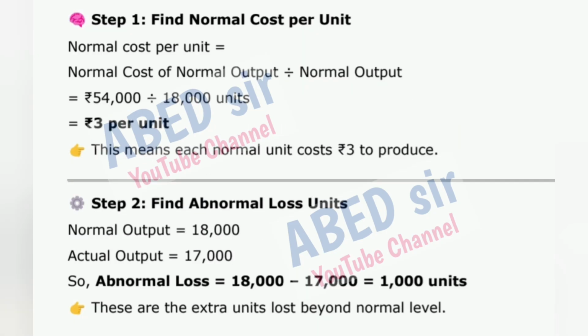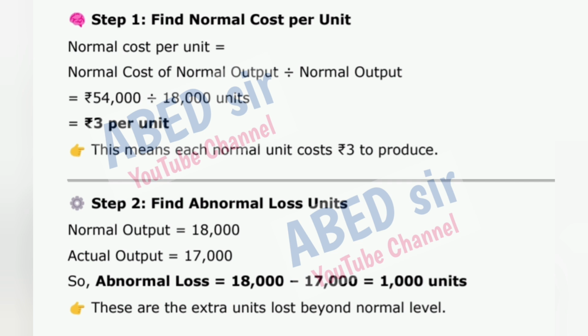Step 1. Find normal cost per unit. Normal cost per unit is equal to normal cost of normal output divided by normal output is equal to 54,000 rupees divided by 18,000 units is equal to 3 rupees per unit. This means each normal unit costs 3 rupees to produce.